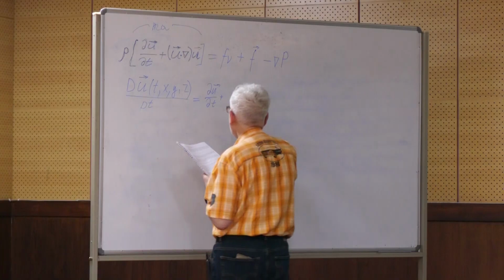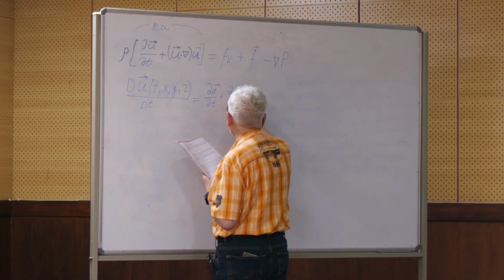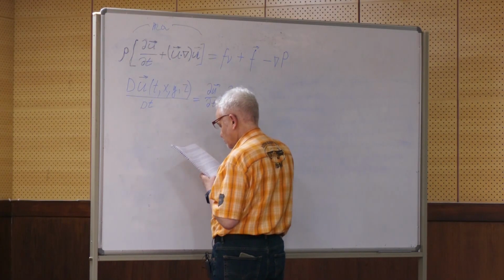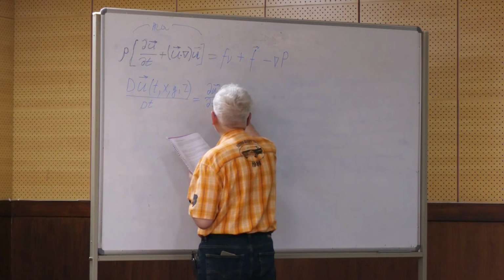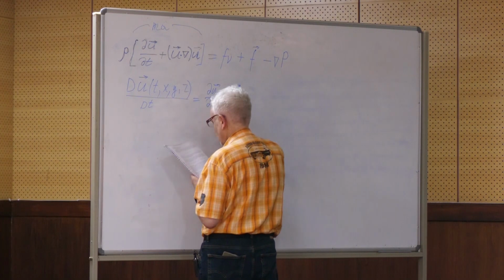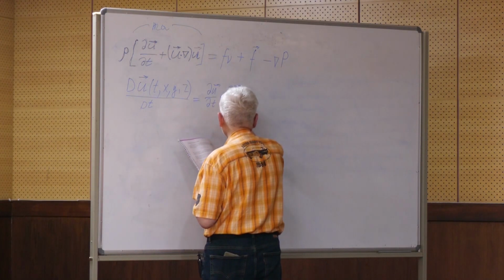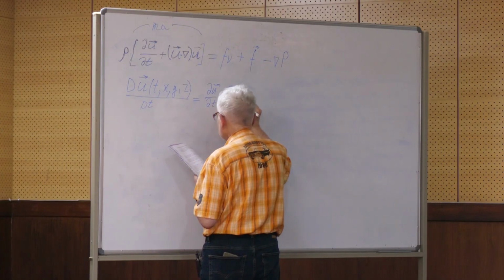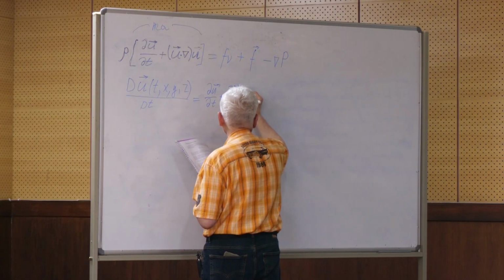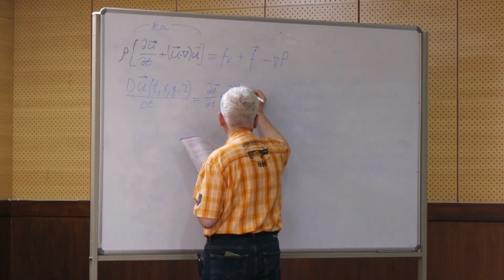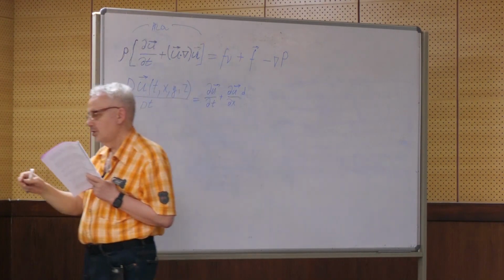So we have du by dx, the partial derivative. And now we differentiate x itself, which now will be a straight derivative.